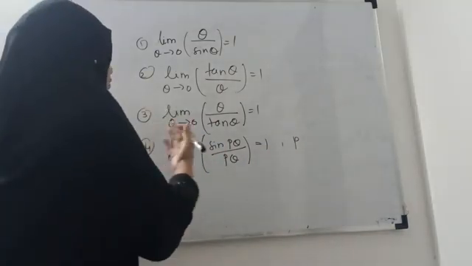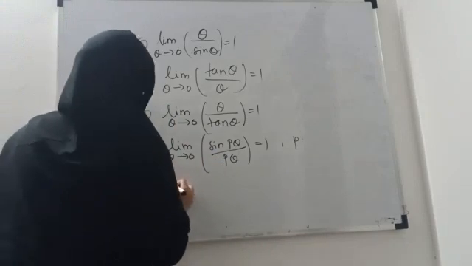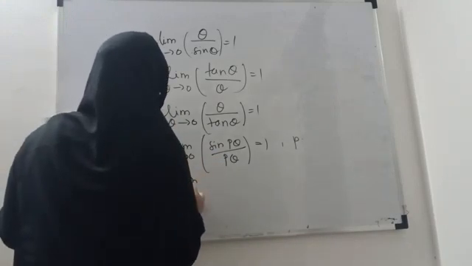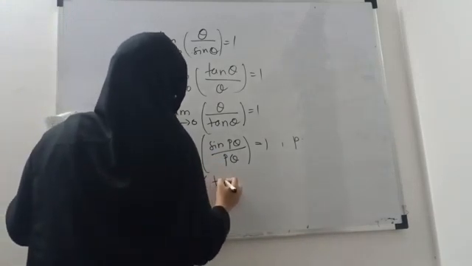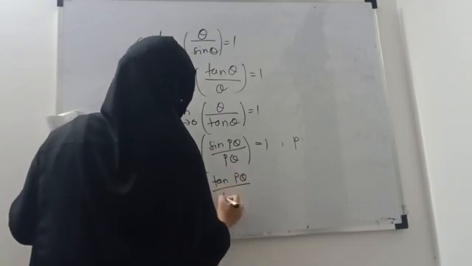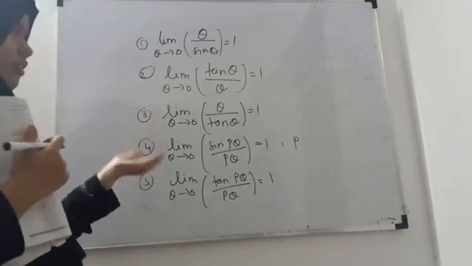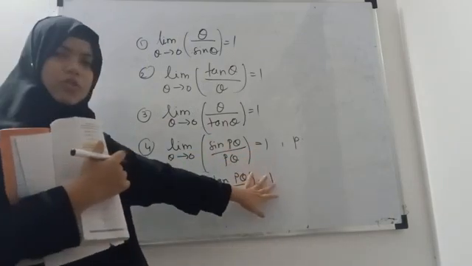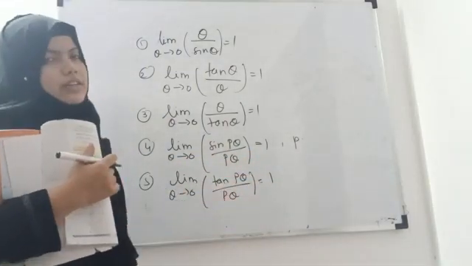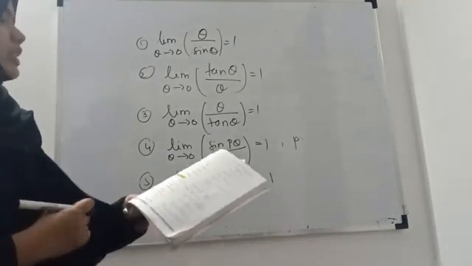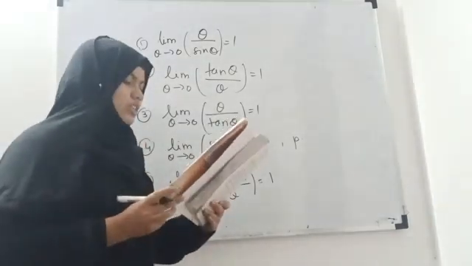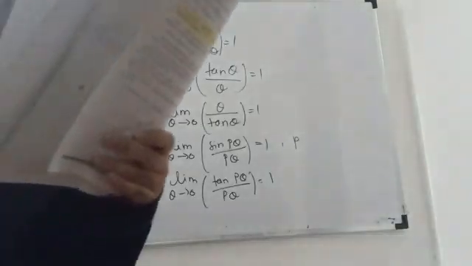Okay. Same thing for tan theta. And also you can reverse it. P theta upon sin theta will also equal 1 and p theta upon tan theta will also equal 1. So these are 7 corollaries which are given on page number 145.